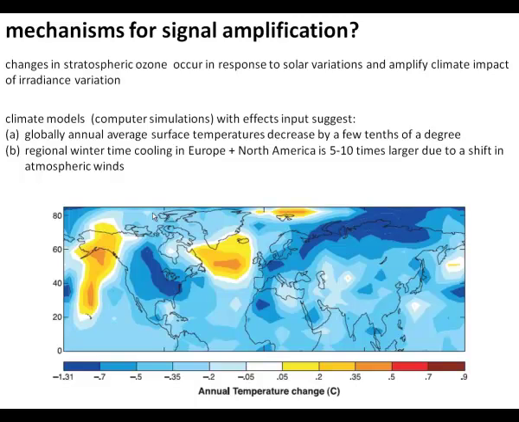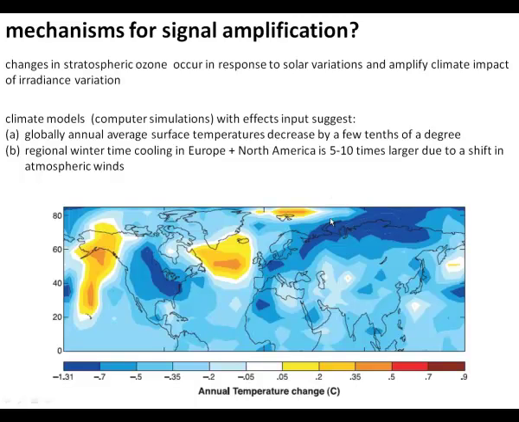And what that suggests is that a decline in the amount of total solar irradiance coupled with a change in the proportion of stratospheric ozone is sufficient to introduce 2 significant changes to the northern hemisphere climate. Firstly, globally, including the northern hemisphere, we reduce surface temperatures by a few tenths of a degree. But look at what we do in Europe and North America.